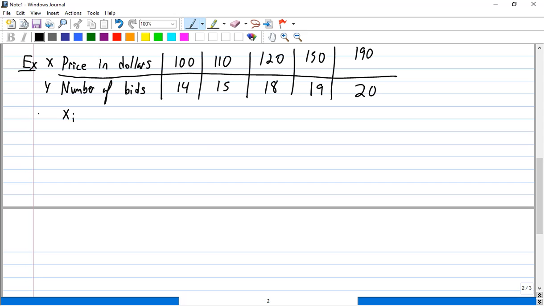So x and y. So 100, 110, 120, 150, and 190. And if you're not, you need to be writing this down or pretending that you're writing this down.